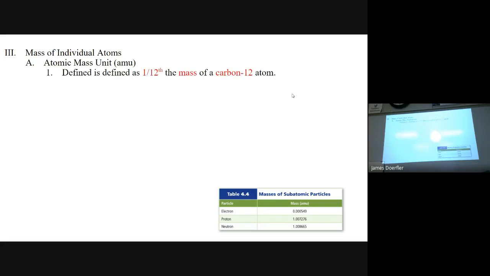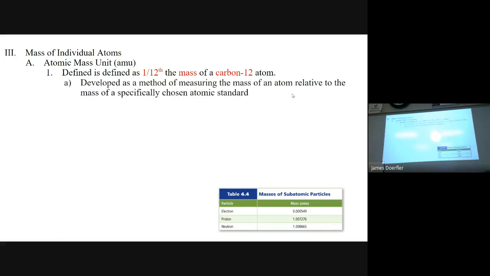They came up with what's called the atomic mass unit, or amu for short. That is the measure of the mass of an atom. It is measured as 1/12 of the mass of a carbon-12 atom. The reason they came up with this standard was because they wanted a mass relative to a specifically chosen standard.